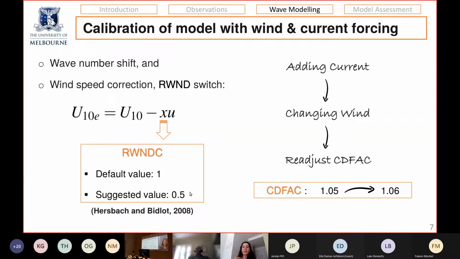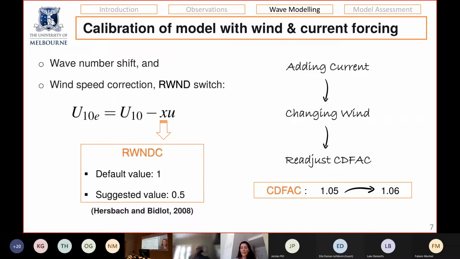The point here that has been missing in the literature is that when we add current in the model using this switch that has been integrated in the model, we are basically changing our wind field. By change of wind field, we would again need to readjust our CD factor.